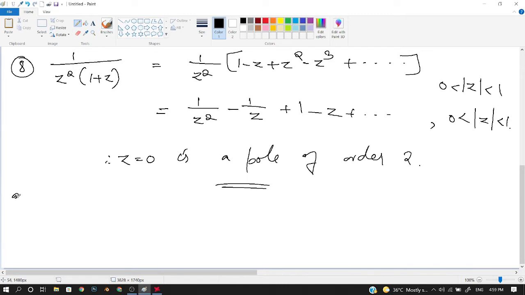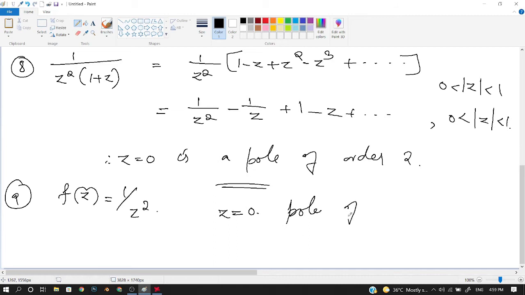Okay. Now another example. Suppose f of z is equal to 1 by z square. Then here we can see that z equal to 0 is a pole of order 2. Okay.